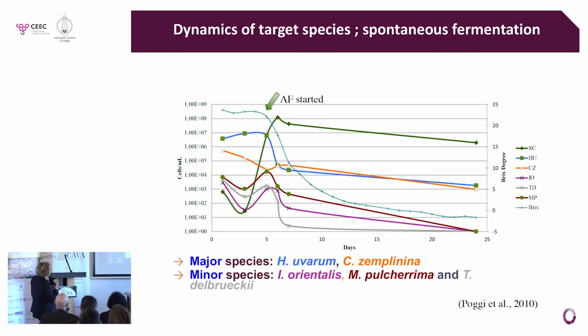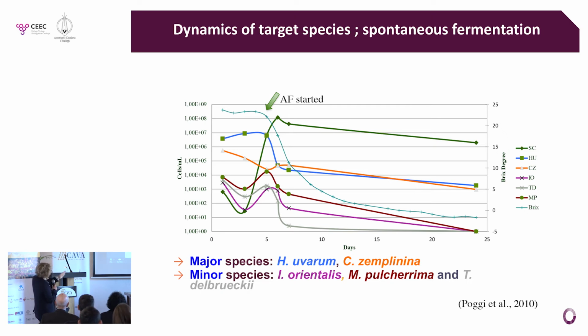When we consider the dynamics of the yeast population during alcoholic fermentation, here you have one example of a spontaneous fermentation of white grape juice. It was a Chardonnay in New Zealand. You have the start of alcoholic fermentation. We follow in blue the bricks.